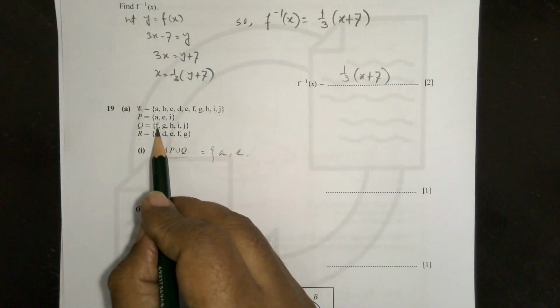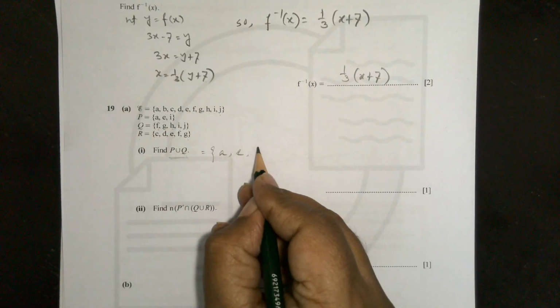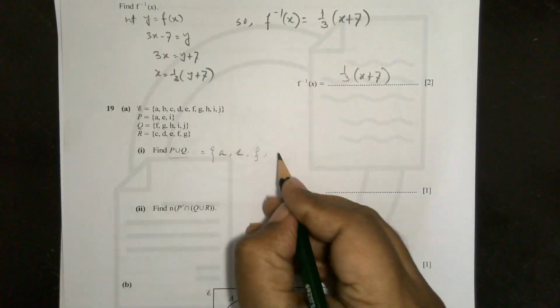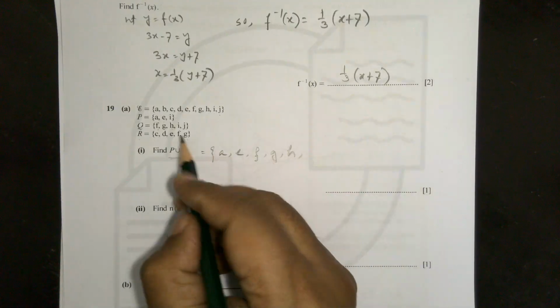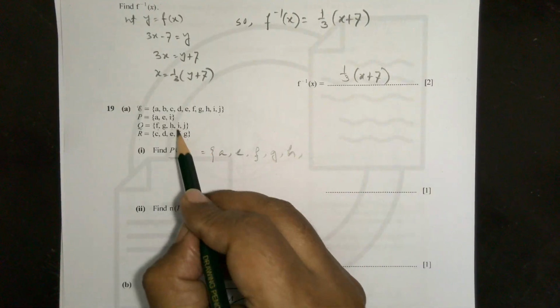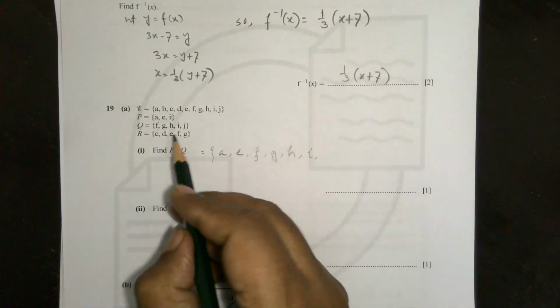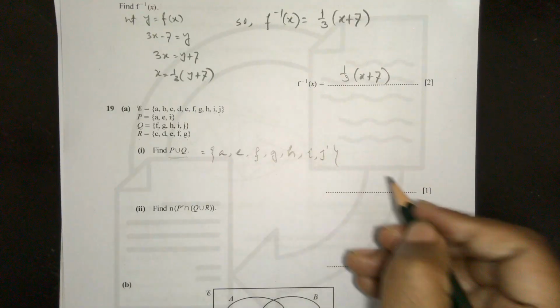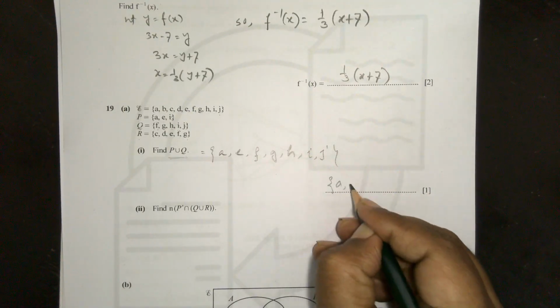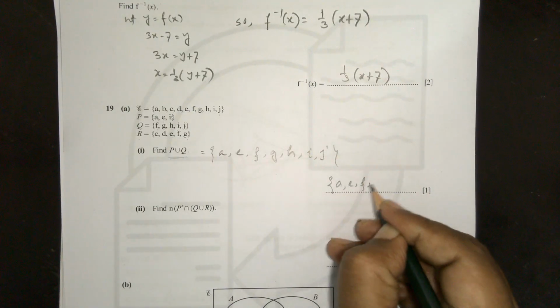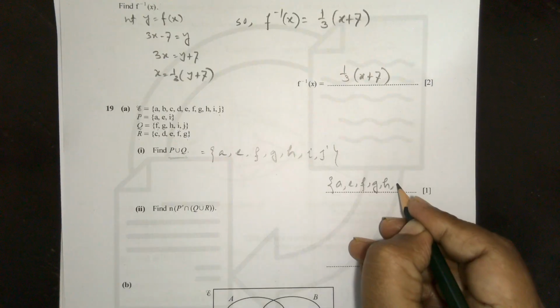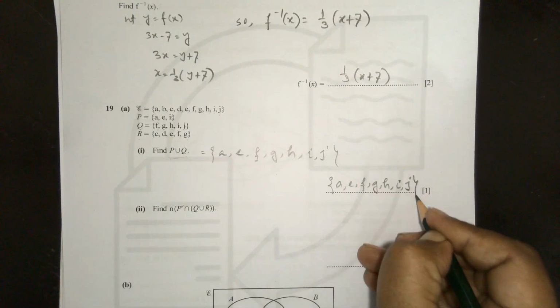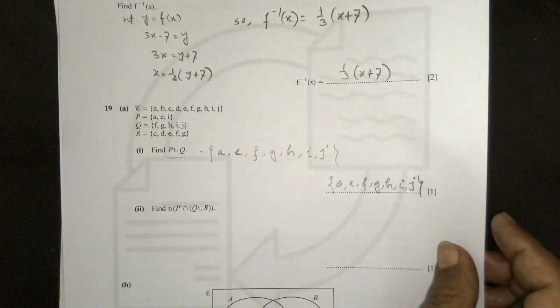Then serially, f will come here, then g, h. I is in both of the sets, so I will come once, then j. So it will be a, e, f, g, h, i, j. If you write in a different order, it doesn't matter, it will also count.